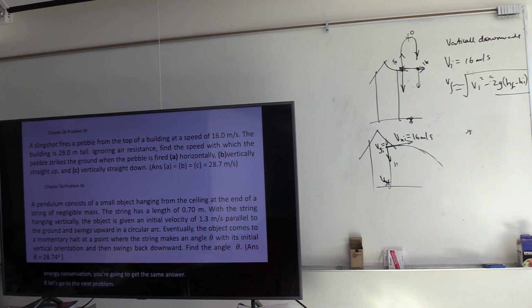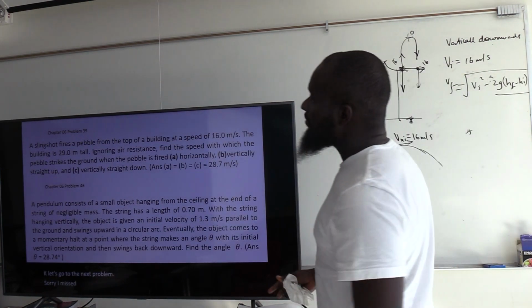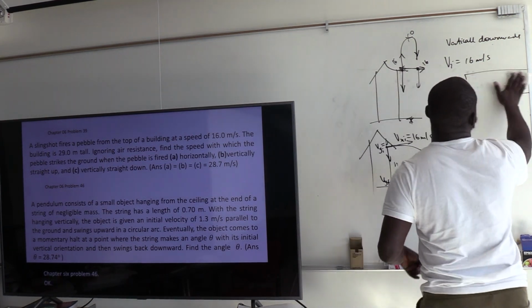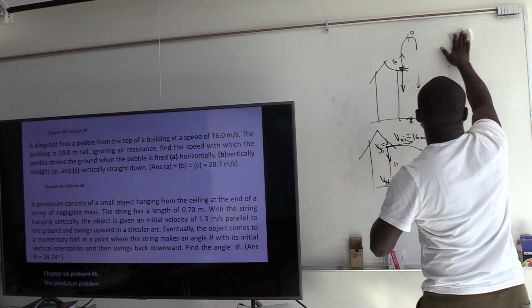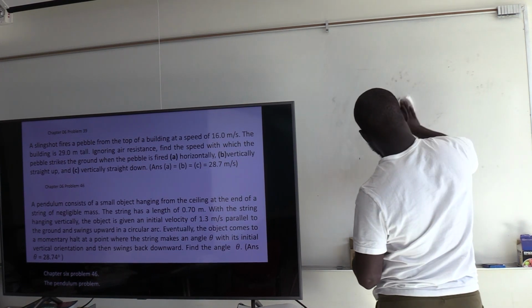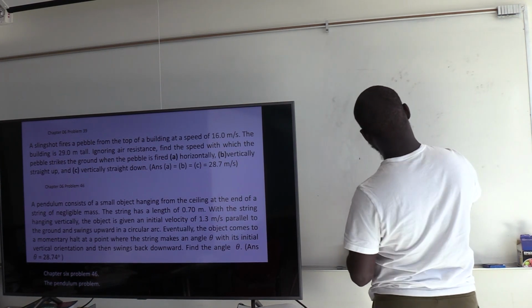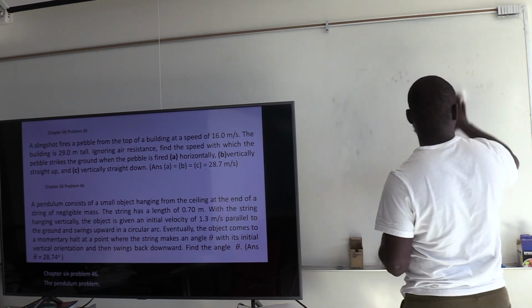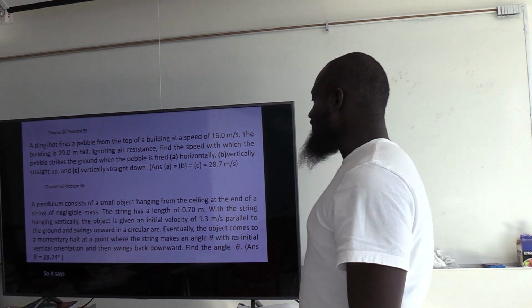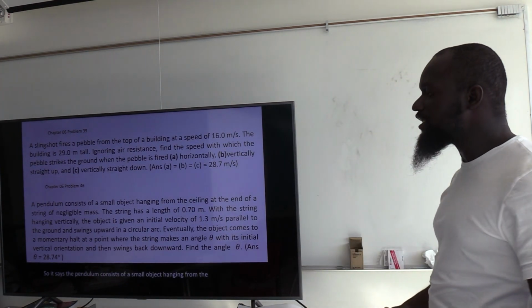Oh, sorry. I missed chapter 6, problem 46. Okay? The pendulum problem. It says a pendulum consists of a small object hanging from the ceiling at the end of a string of negligible mass.